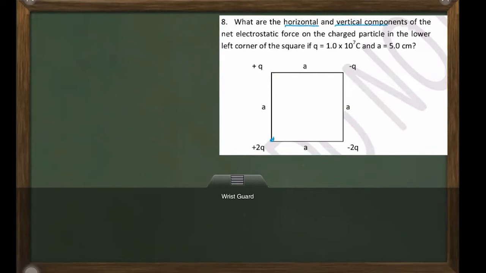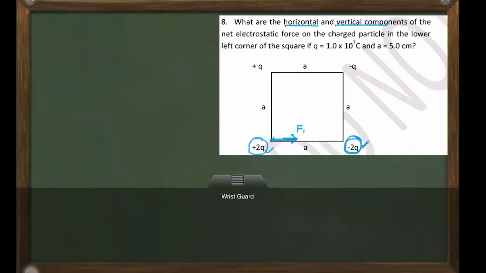This is minus 2q. So at first we have to see if minus 2q is here, plus 2q is here, where does this plus 2q charge move if this minus 2q comes into account. So we can say that this is minus and this is plus. So this minus charge will attract this one, and that's why this will move in this direction. And hence, this will be the direction of force.